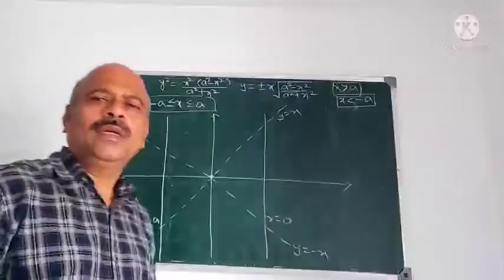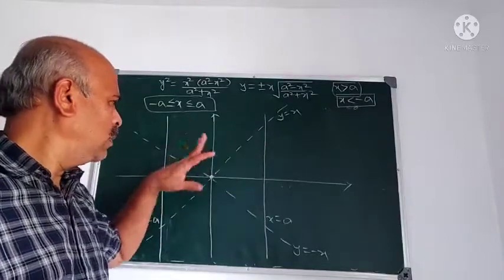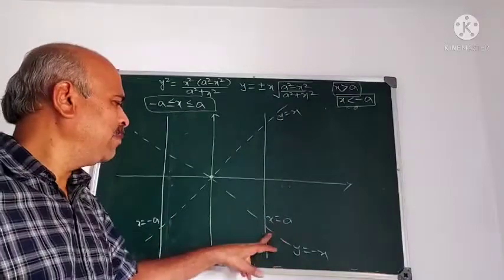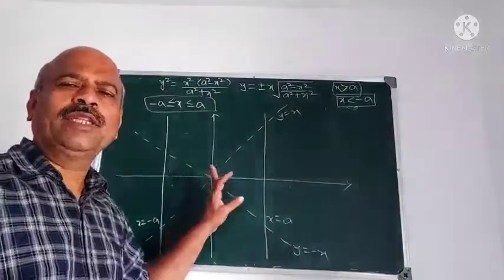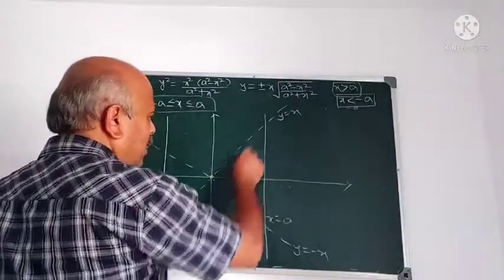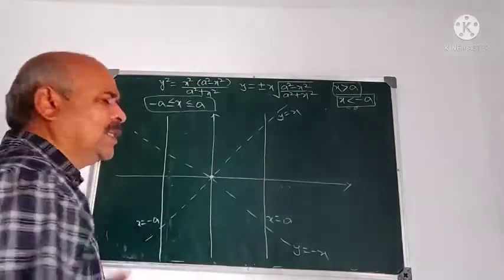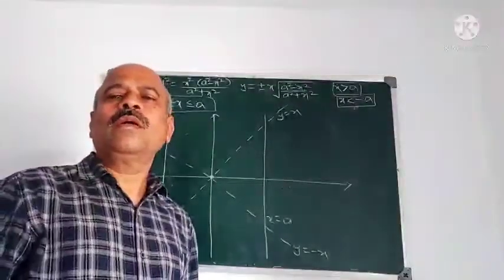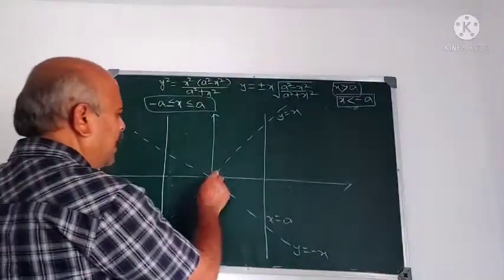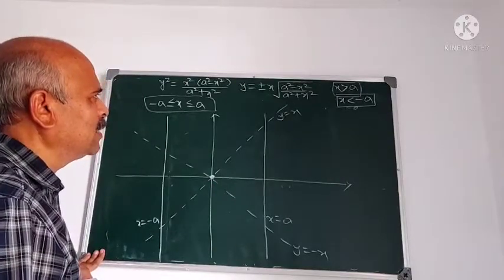So with the given information about the curve, so far we have this: x is minus a, x is a, the curve lies entirely within this region, and these are the tangents, y is equal to x, y is equal to minus x. Therefore, origin is a node.